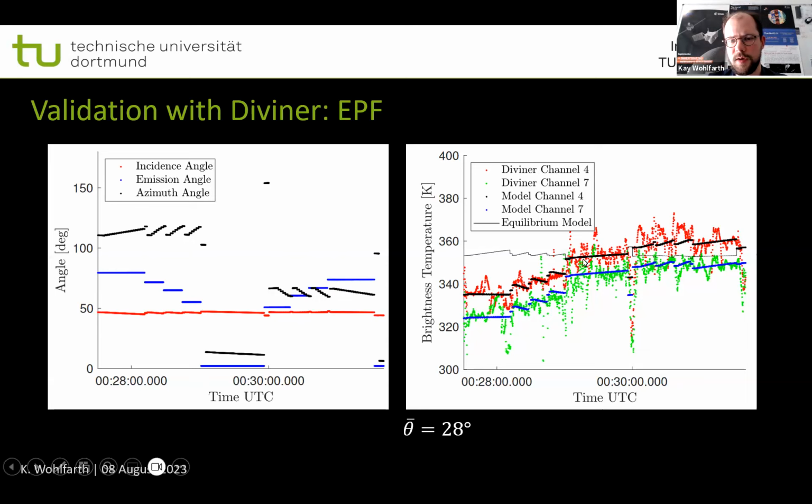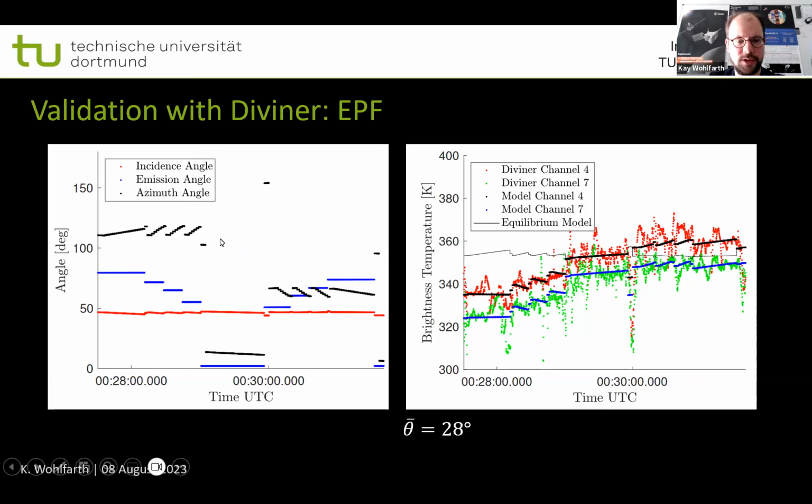The black line and the blue line are the modeling results, and we can see that both lines agree with the data points. So the thermal model is able to reproduce the brightness temperatures of Diviner during this very intricate EPF maneuver.